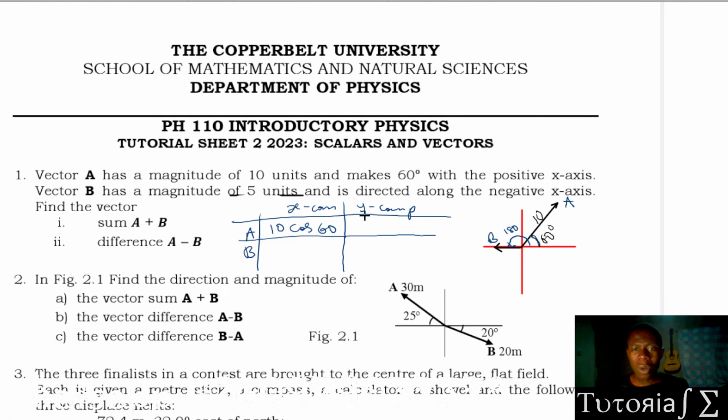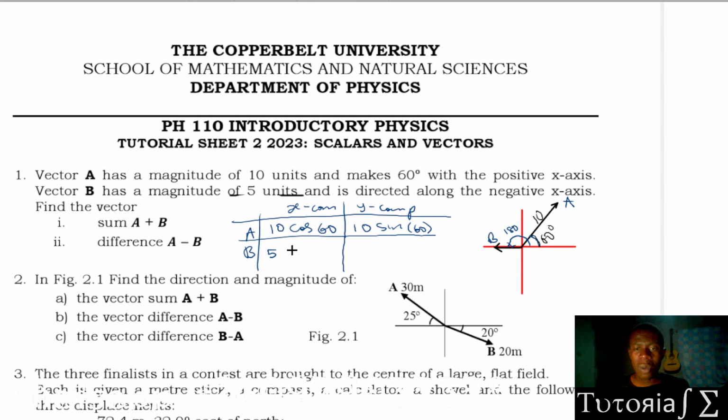Then to find the Y component of A, we again write the same magnitude, which is 10. Then what changes is just here. So now we are using sine 60 degrees. So that is the X component and the Y component of A. So for B, we do the same thing. We look at the magnitude of B. So the magnitude of B is 5.